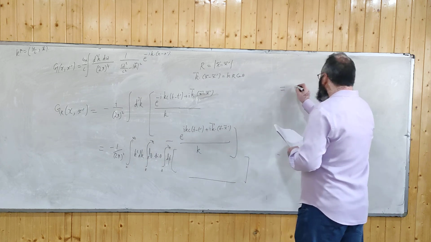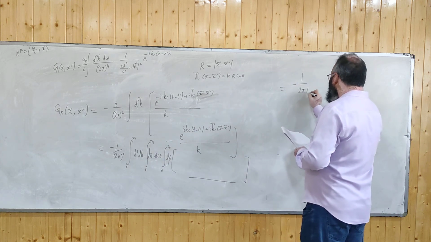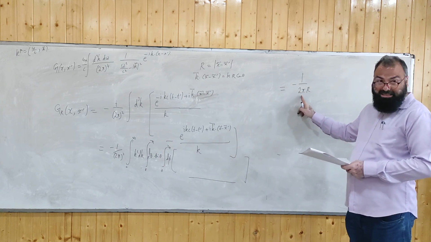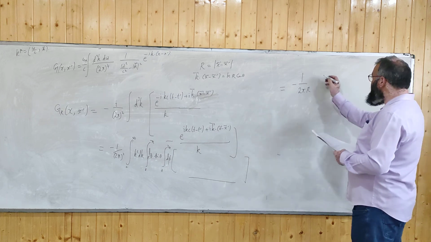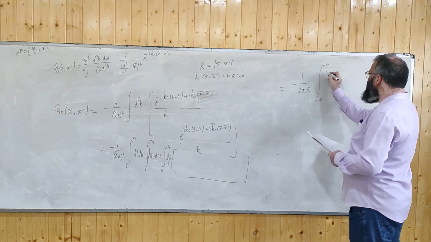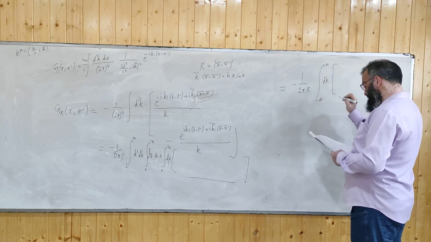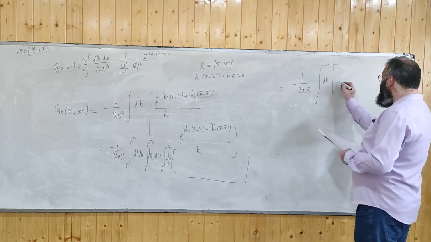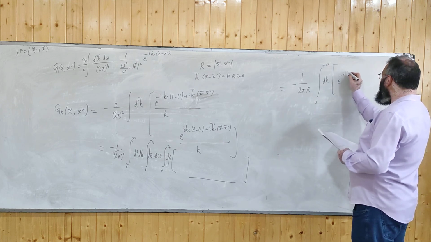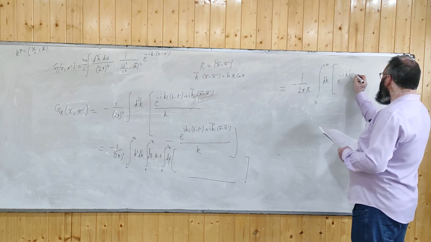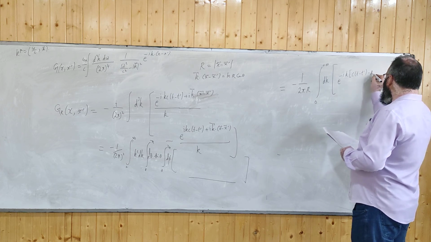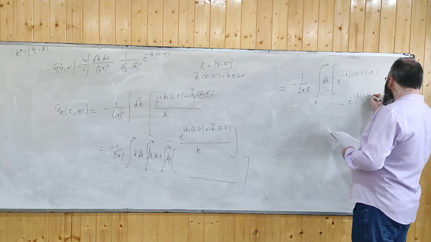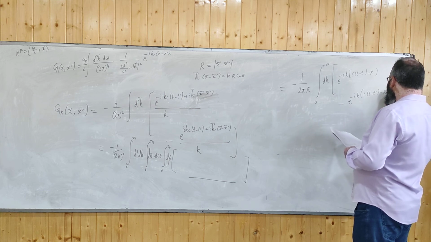So once you do all these things, 2 pi r, there will be a 1 by r factor. But look at these factors carefully: 1 by 2 pi, integral from minus infinity to plus infinity, so you'll be getting a dk. So you'll be getting a term from 0 to k, e raised to the power minus i k c (t minus t prime minus r).